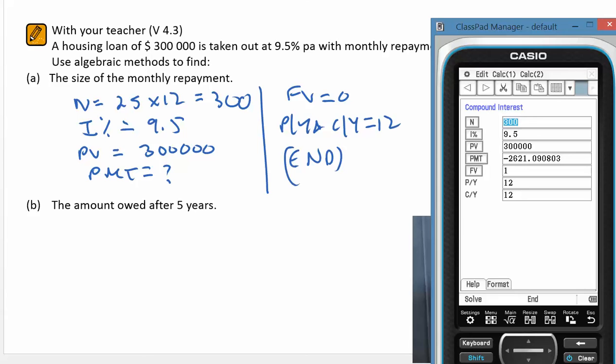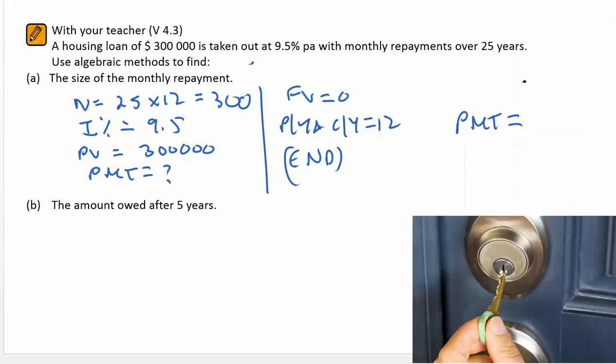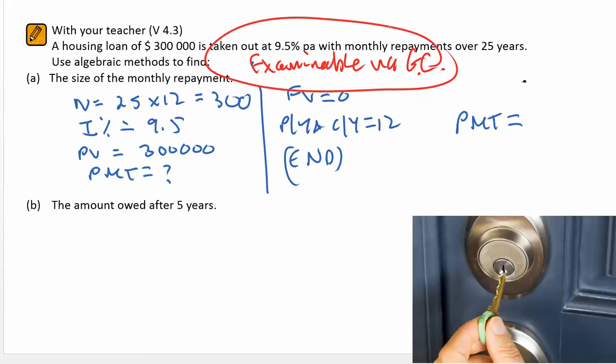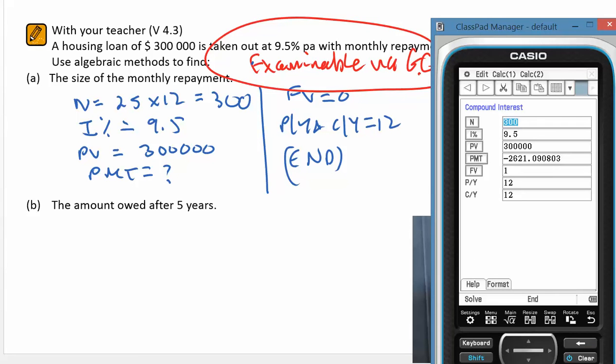Setting up part A as a graphics calculator problem is the way in which we can be examined on it. So this is examinable in this instance via the GC only. And you'll notice that when I've set this up, 300, 9.5, 300,000, we've got the future value of 0.